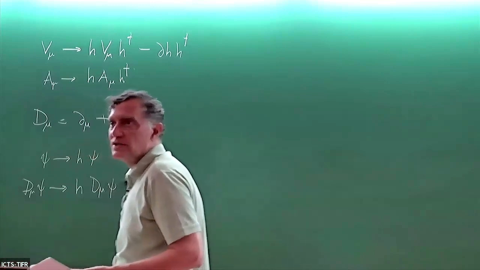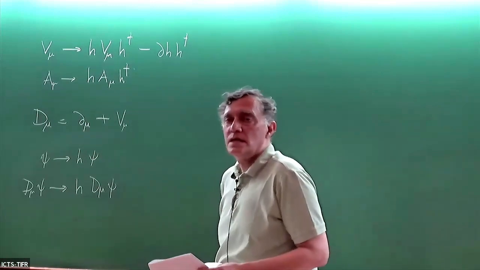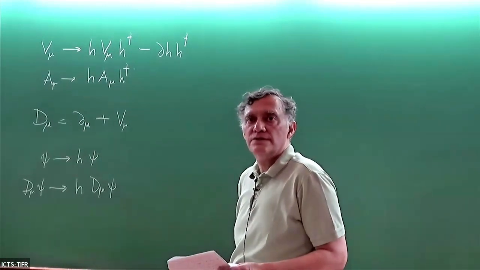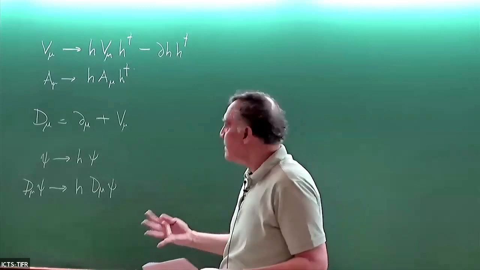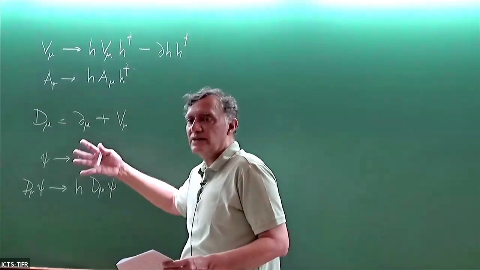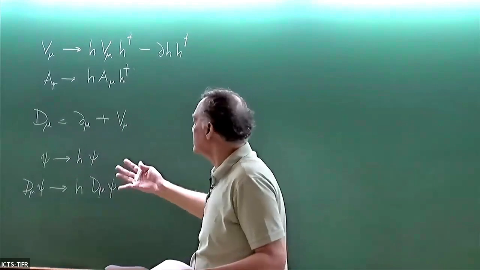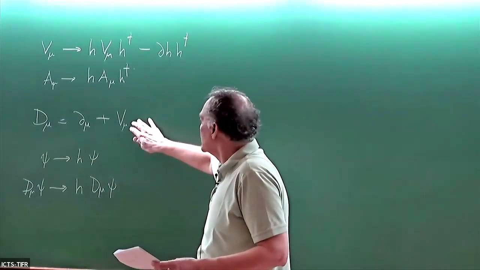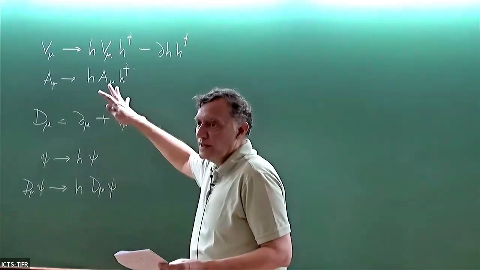So this allows you to define covariant derivatives for objects which transform under H, because under H it looks like it's a local transformation since H depends on x. But with this V_mu field, you can define covariant derivatives.